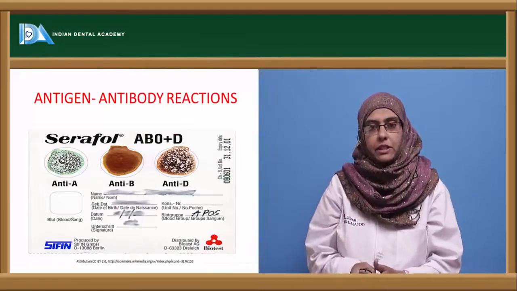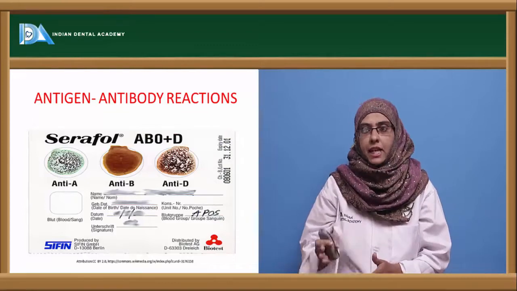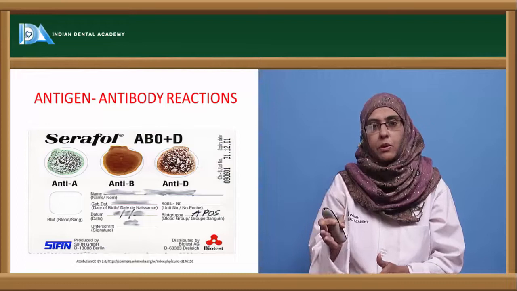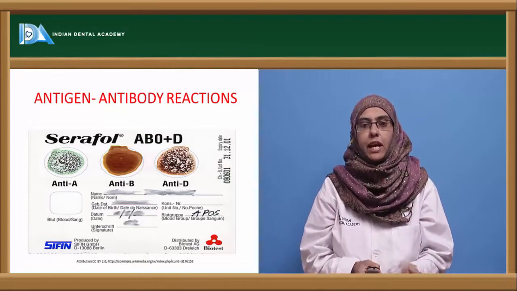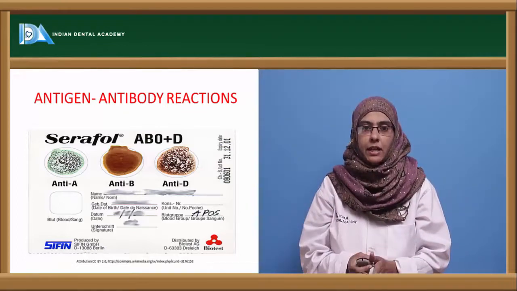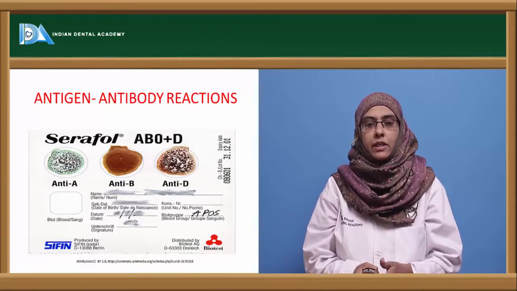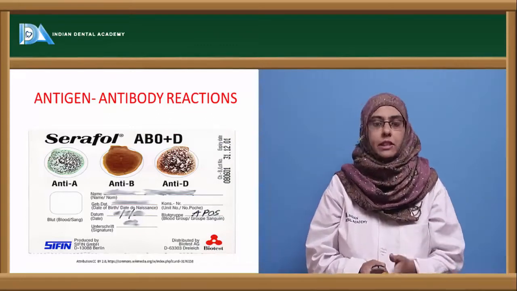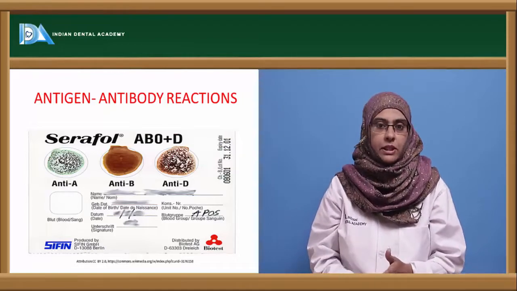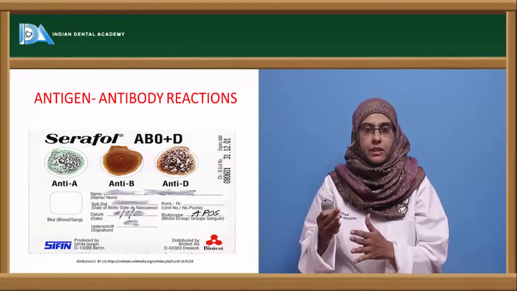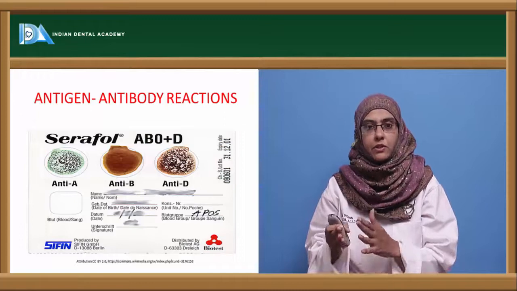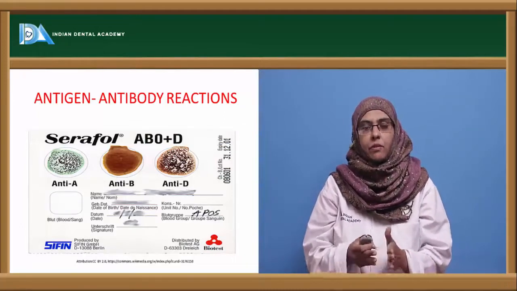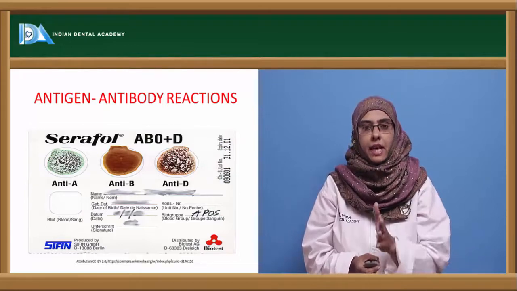So the thing that we'll be discussing today is the antigen antibody reactions, and it is mostly based upon the specificity of a particular antigen with a particular antibody. As we know, during an immune response, whenever a foreign particle or antigen enters, the host responds by producing different types of antibodies which are specific to that particular antigen, and when they interact they form a complex called the antigen antibody complex.